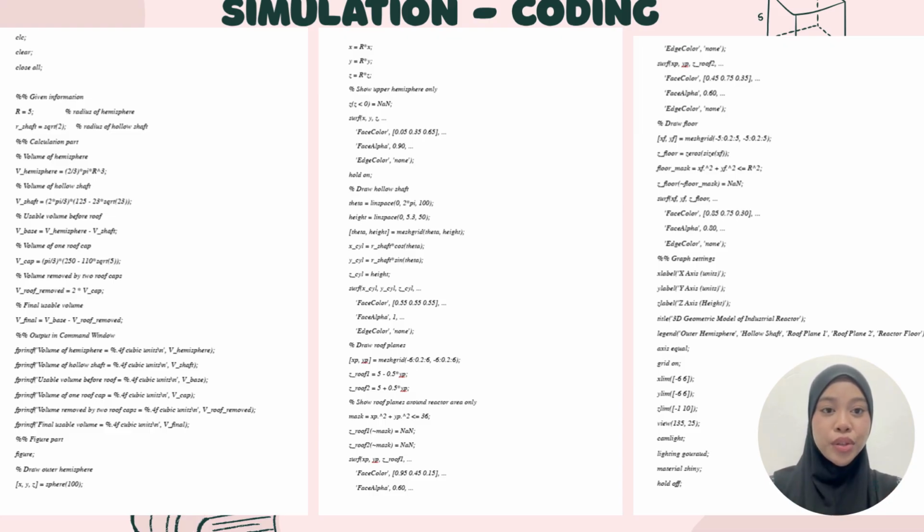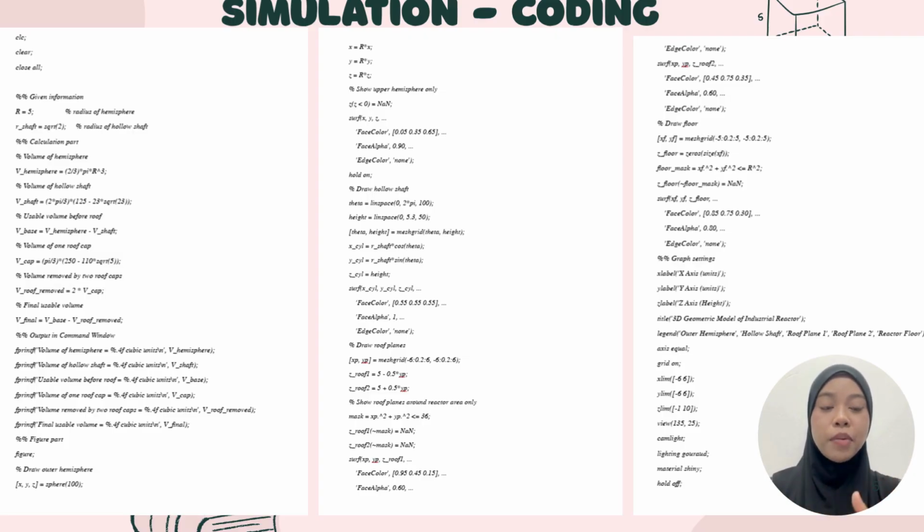For this slide, we show the MATLAB coding that was used to verify our manual calculation. The code is divided into two main parts. The first part is the calculation part, where we define the given values such as the radius of the hemisphere, which is r equal to 5, and the radius of the hollow shaft, which is square root 2.